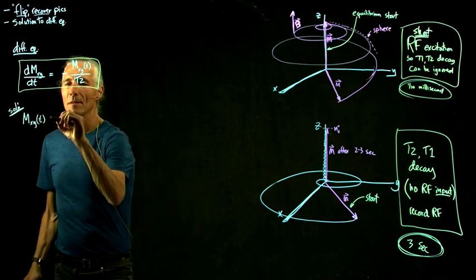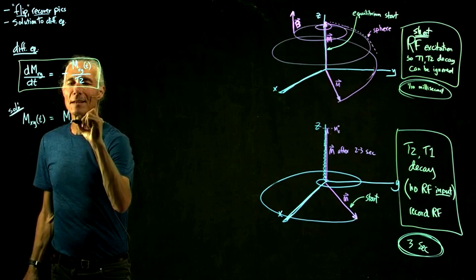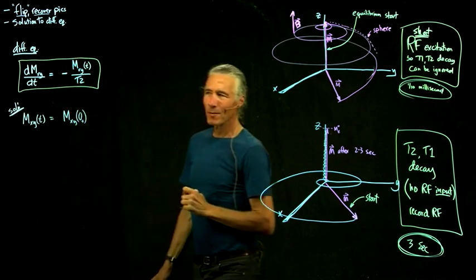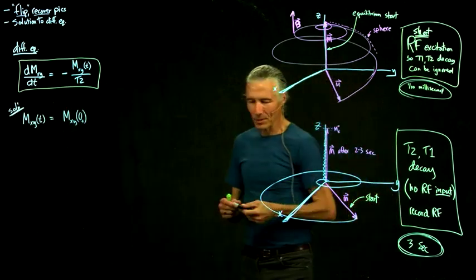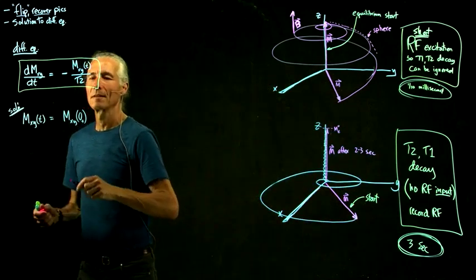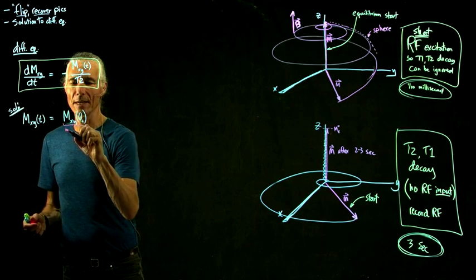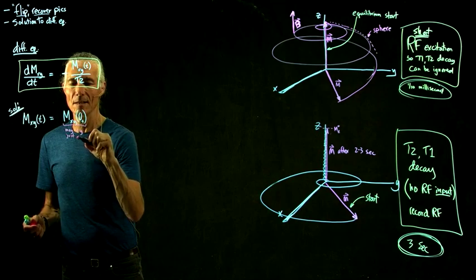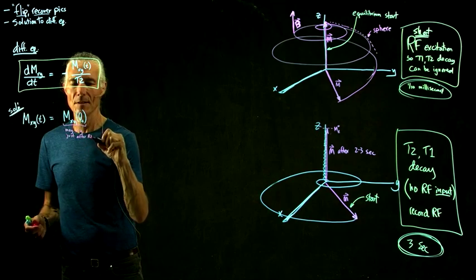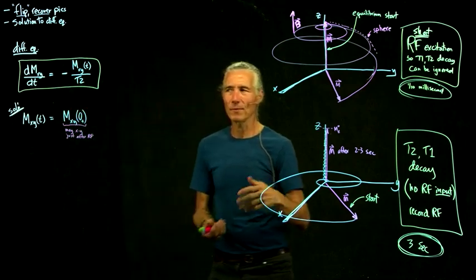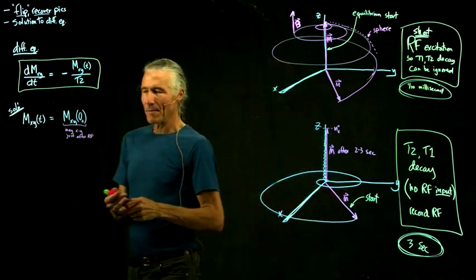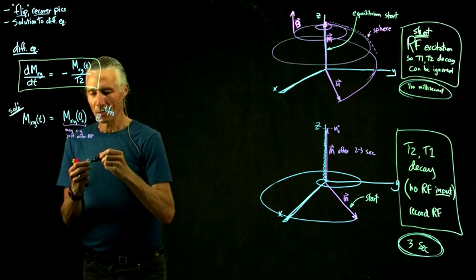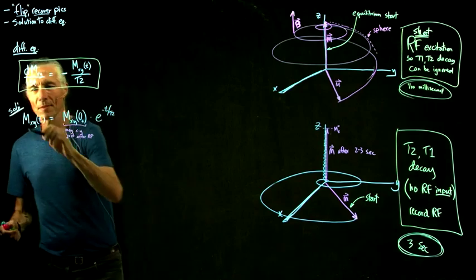The solution was equal to this: whatever the XY magnetization was just after the RF pulse, which could be anything, since you might have turned the RF on for a long time or a short time, times e to the minus t over T2. So that's the solution to the equation.